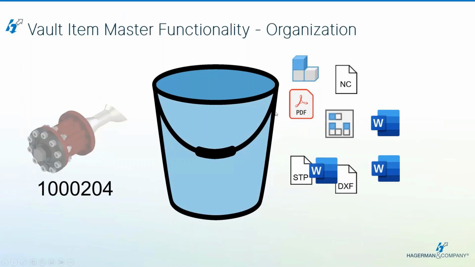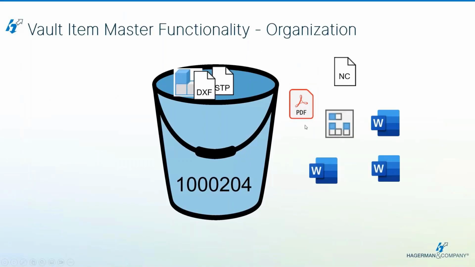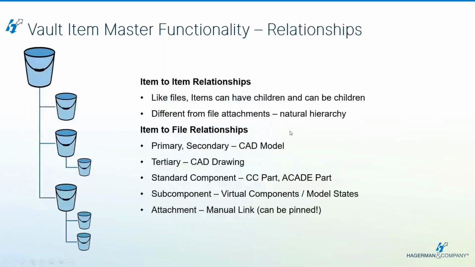Because you can take an item, and it becomes a bucket, essentially a container, with that part number, and all of these different files that might be floating around the organization can all go in one spot, well organized, other than, despite what you see here on the screen. And I can go to one place to find all of the information about this item, this part number.